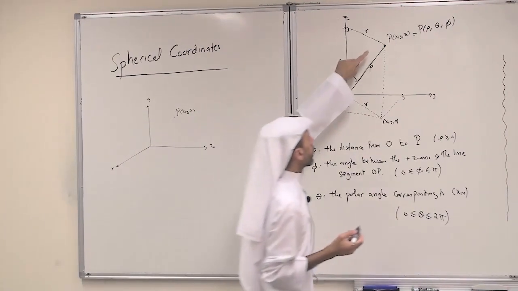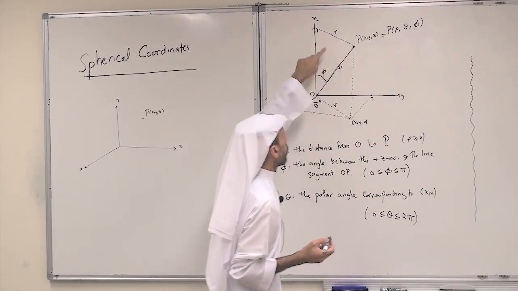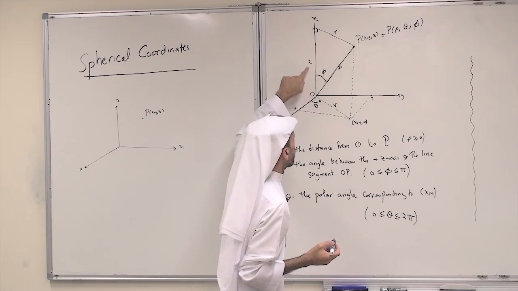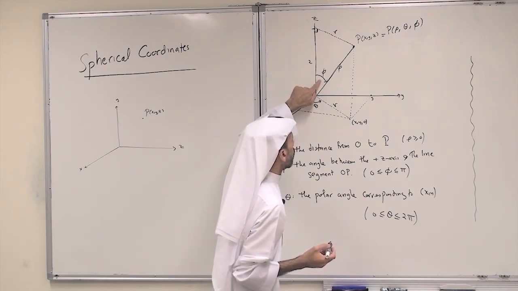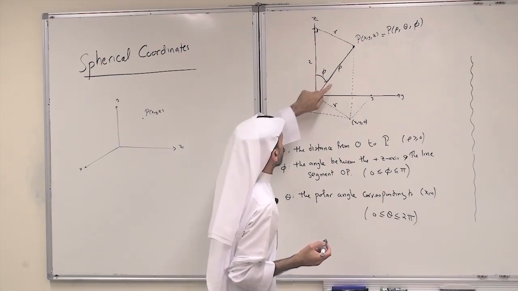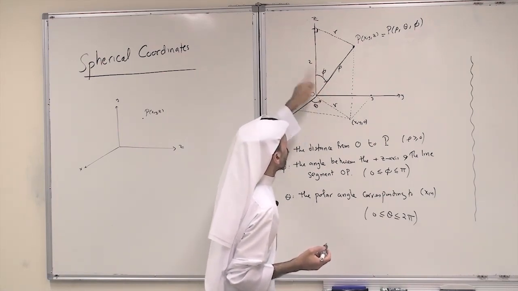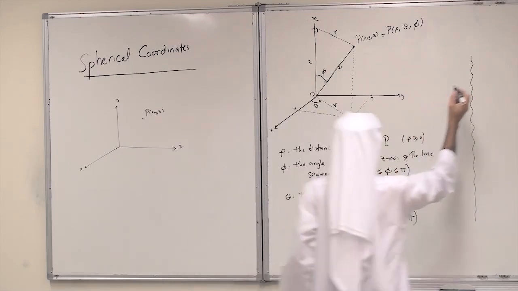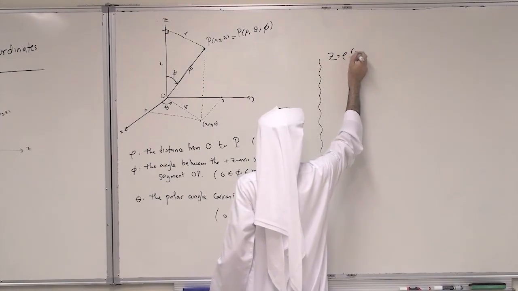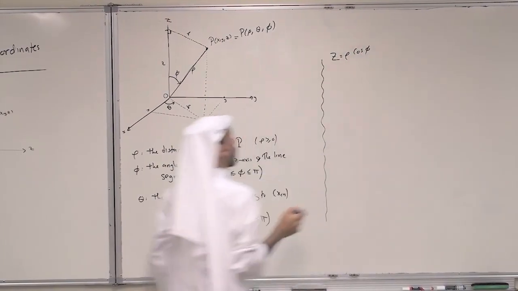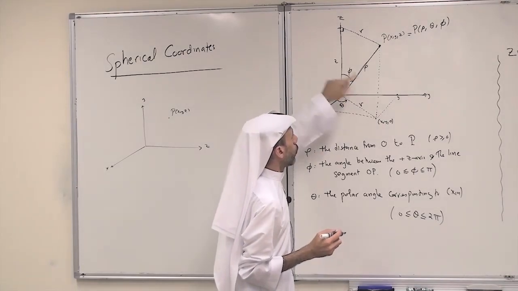If we concentrate on this right-angle rectangle here, notice what z is. Cosine phi equals z over rho.